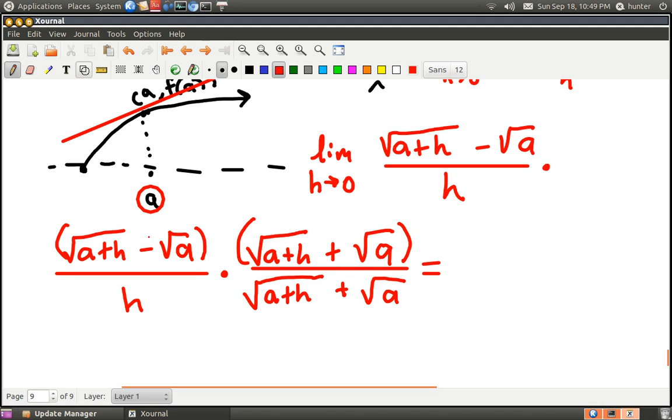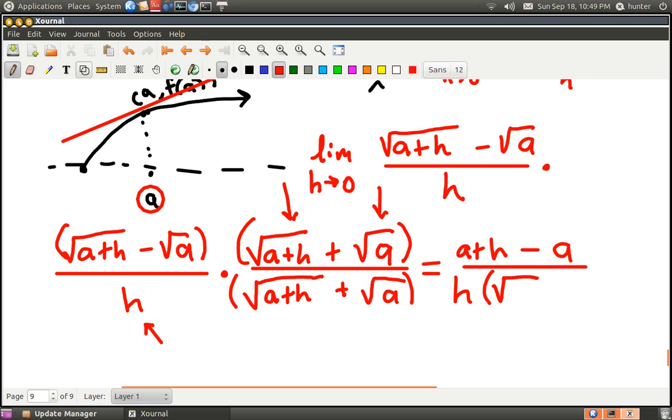The only difference between these two is the plus and minus sign, so we get a plus h, this part squared, minus this part squared, which is a. And this is all over h times all this, so I have to write the square root of a plus h plus the square root of a there too.